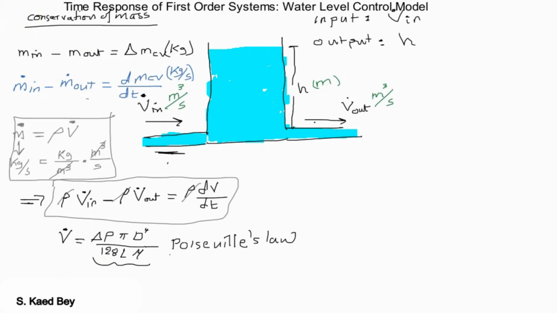So mainly if you are using a pump to deliver the pressure difference, you can see that the pumping power is proportional to the length of the pipe and the viscosity of the fluid, and it's inversely proportional to the fourth power of the diameter.